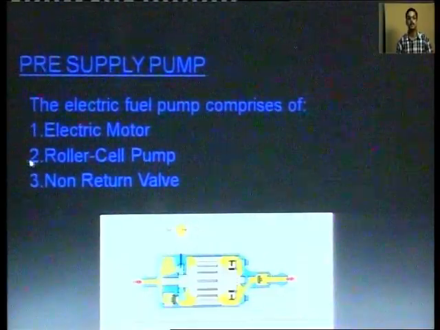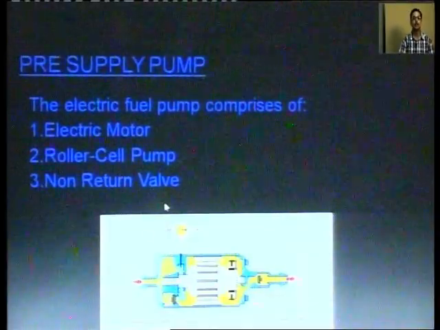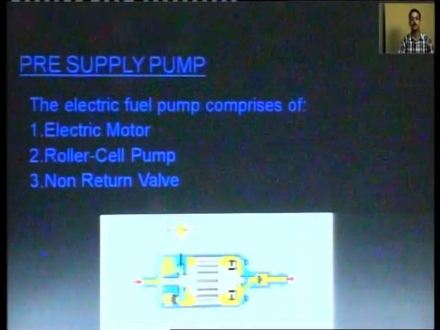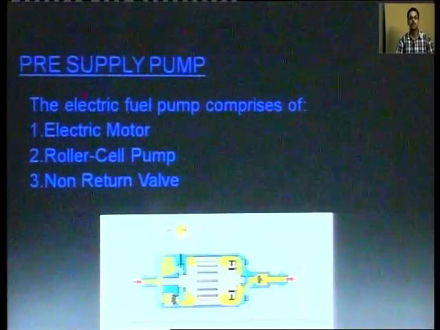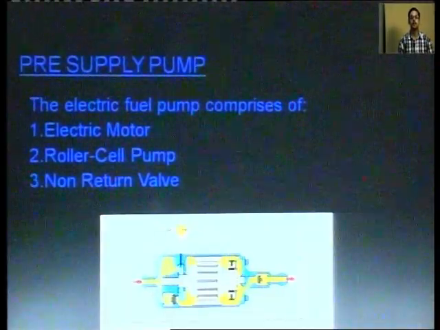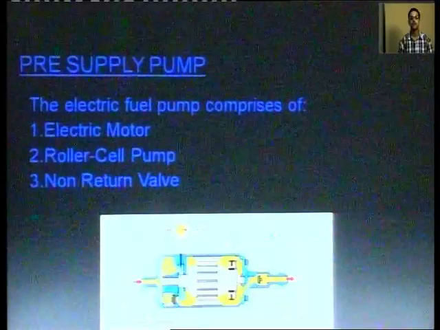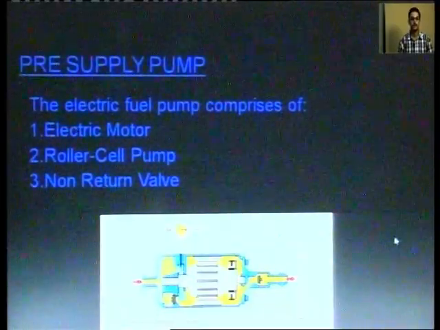Number 2nd part, the roller cell pump. The roller cell pump is a kind of rotary pump which generates the high pressure and delivers the fuel from the low pressure side to the high pressure side.